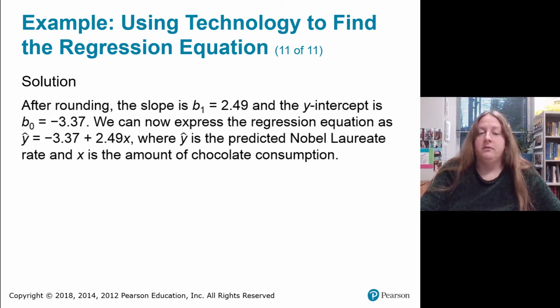And so we have our regression equation as negative 3.37 plus 2.49x. So again, y hat is the predicted Nobel laureate rate, and x is the amount of chocolate consumption. Always a good idea to define your variables every time you are writing anything like this out.